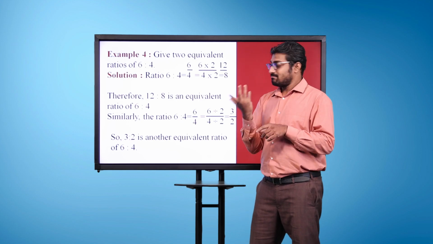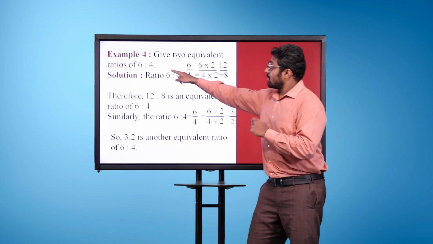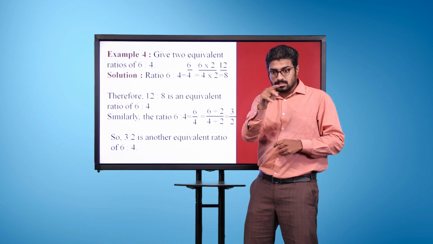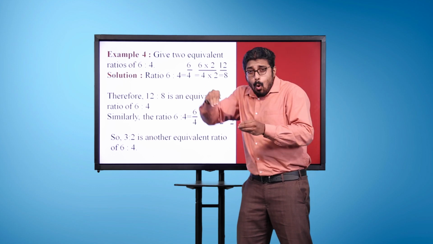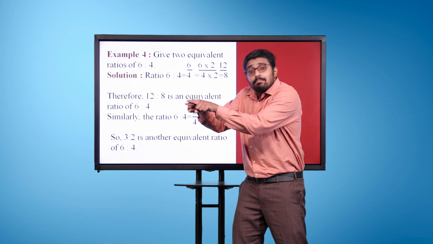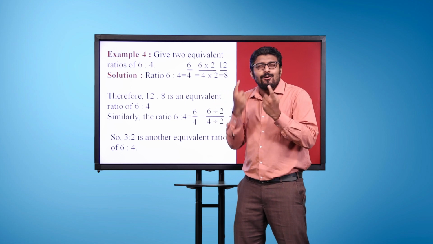Example 4. Give two equivalent ratios of 6:4. Solution.